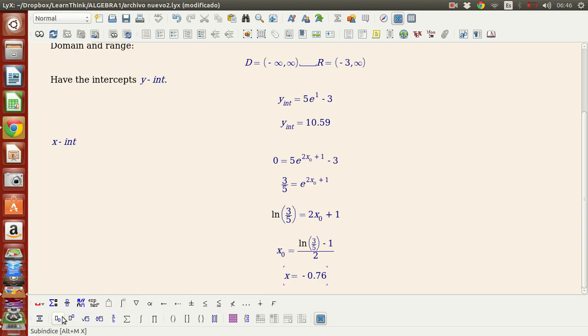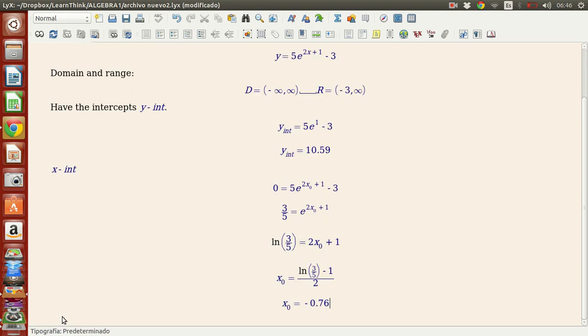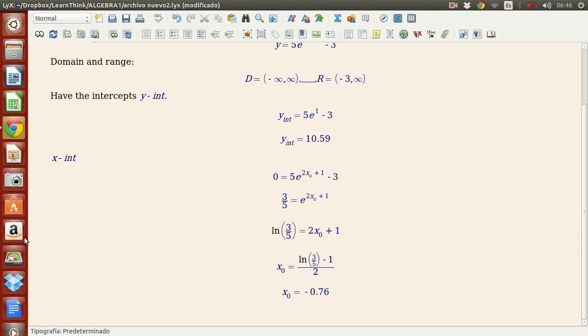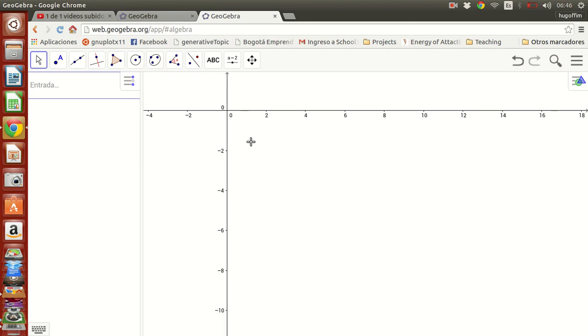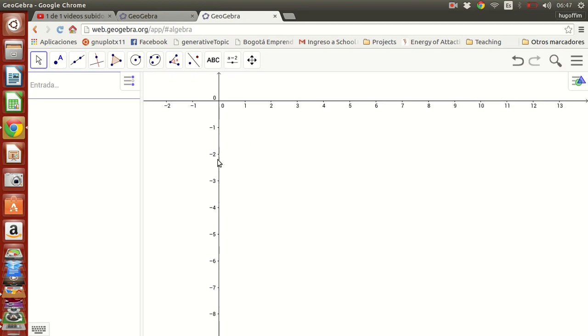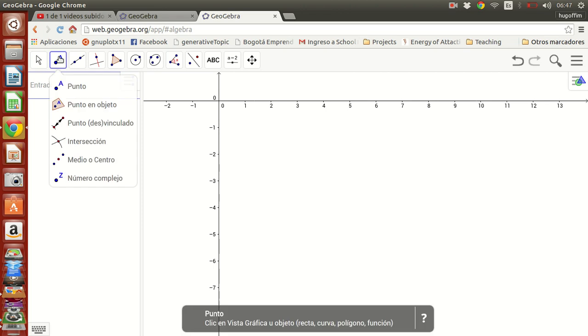So we have the x-intercept, the y-intercept, and the domain and range. Now we just have to set the points.